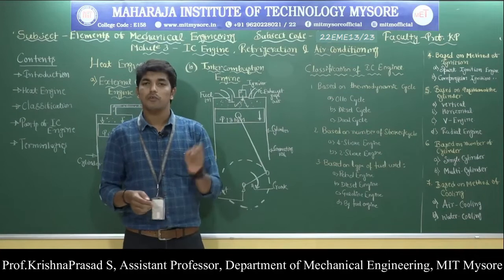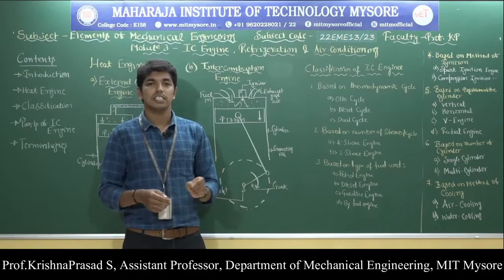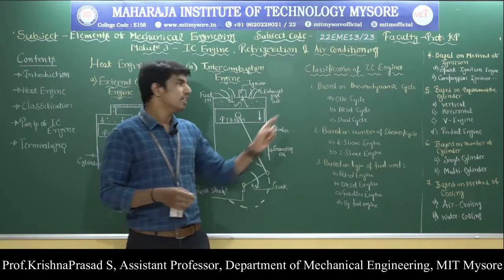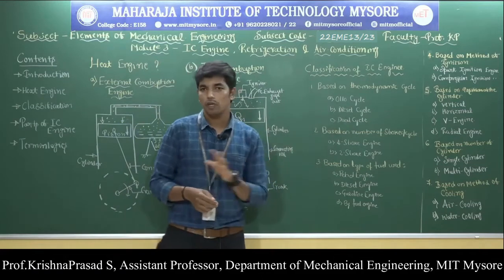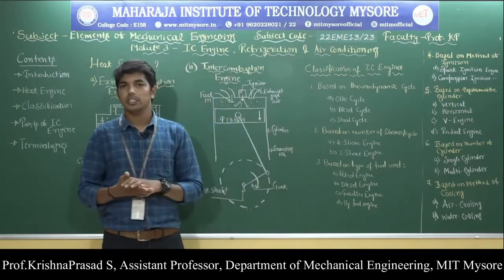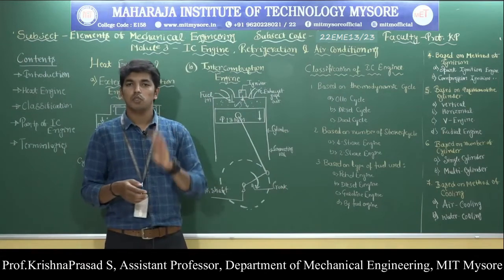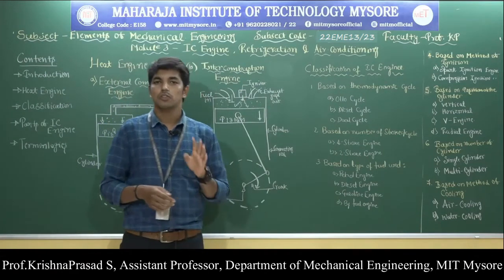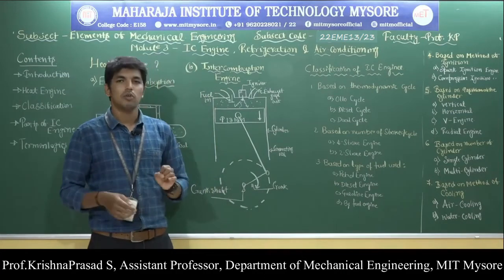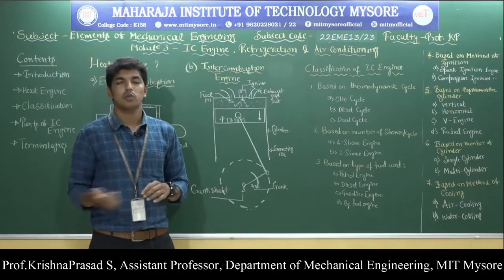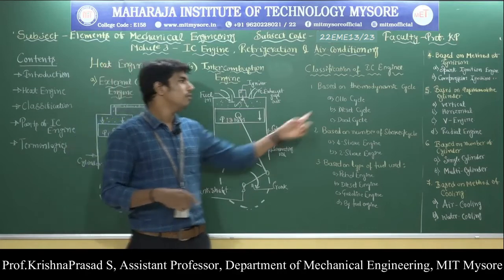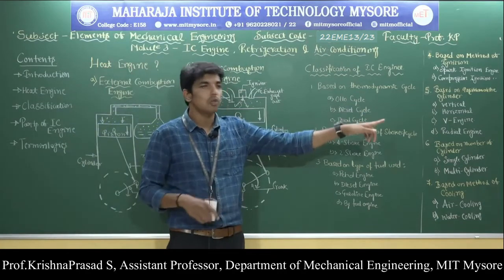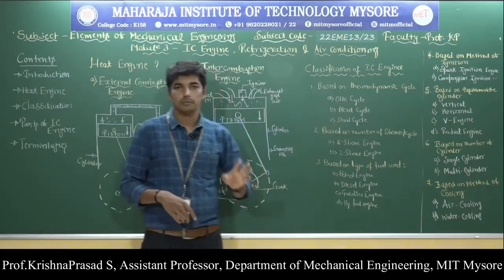Here, combustion of the fuel takes place inside the engine cylinder at constant volume; that is called the Otto cycle. We all know that in the internal combustion engine, generally 4-stroke engines have the suction stroke, compression stroke, power stroke and exhaust stroke. During the power stroke, the fuel burns and power is developed, and if the combustion of the fuel takes place at constant volume, it is called the Otto cycle.